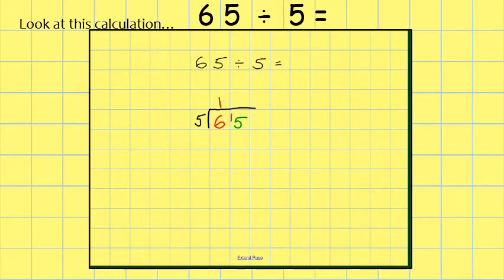So think of your 5 times table. 1 five is 5, 2 fives is 10, 3 lots of 5 in 15. So we put that there. And children, it's as simple as that. So 65 divided by 5, to close my calculation off, equals 13.